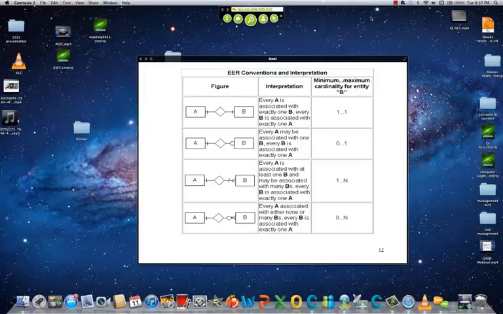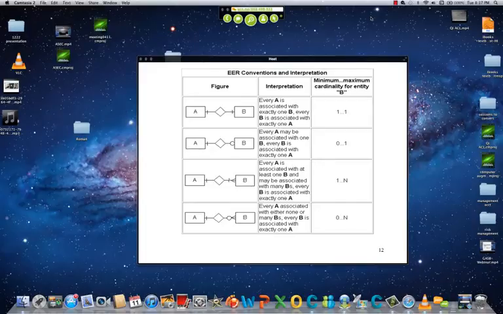It may be associated with B, it may not. It's not must. So you have this optionality. It's not a mandatory requirement, it's not a necessity. So you don't require every A to be associated with B. So you have the circle here, optional.